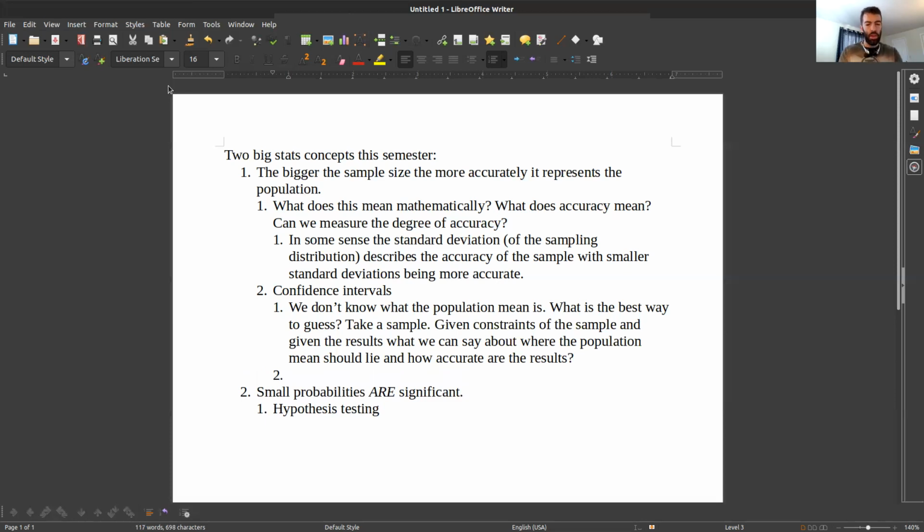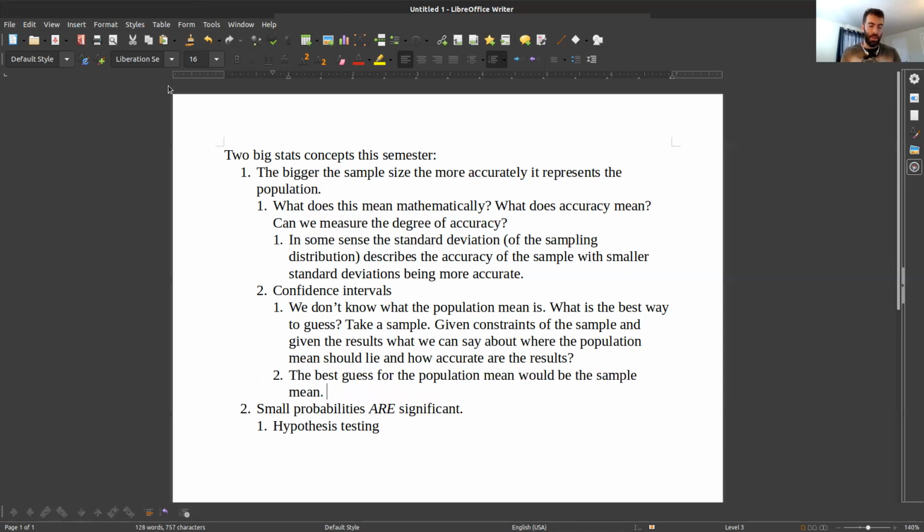So the best guess for the population mean would be the sample mean. If our sample is large enough, we should expect it to be very close to the population mean, but not exact, maybe.